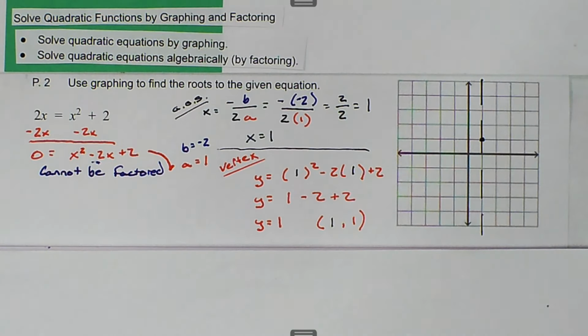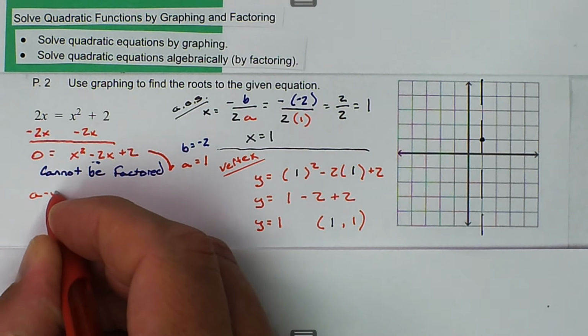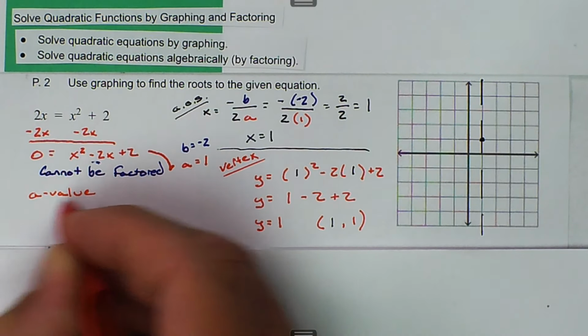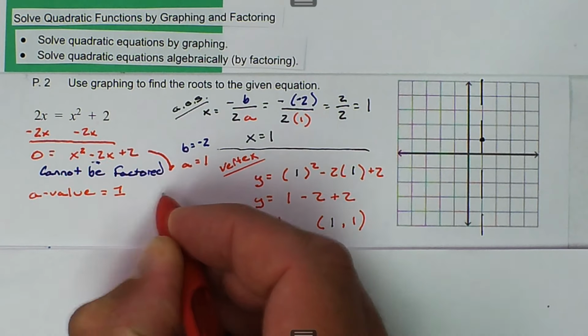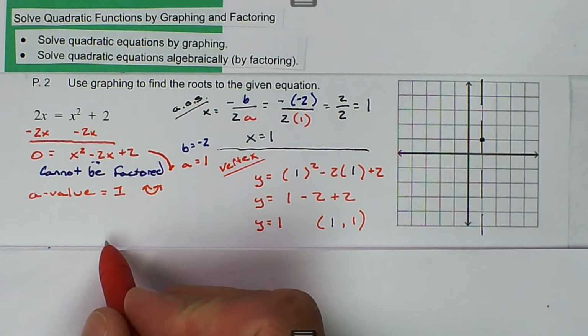And then we know that our a value is 1. That's right there. Our a value is 1, so it's positive. So we know that the parabola is going to go like this, and we know it's going to be just like the parent function.